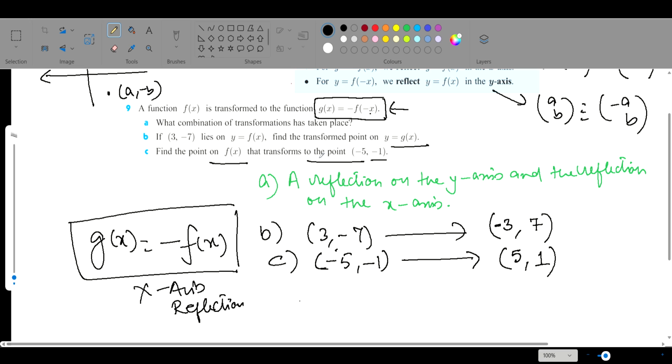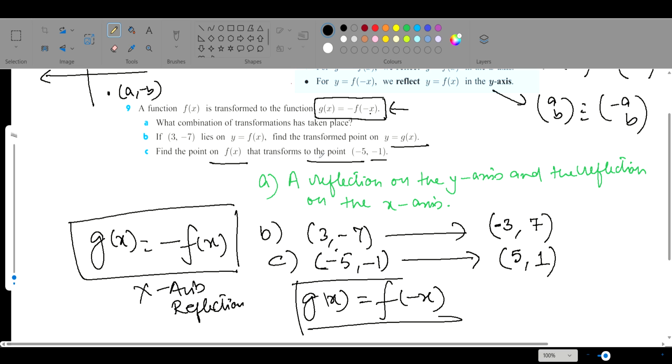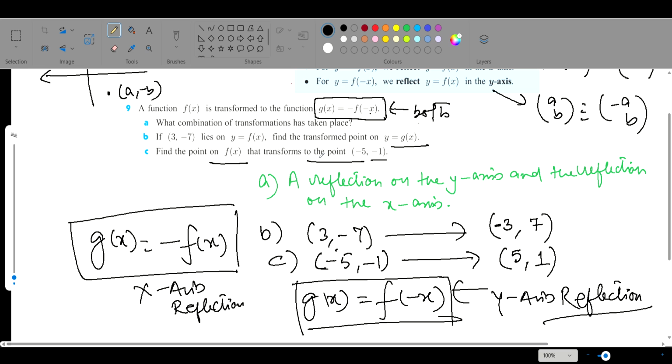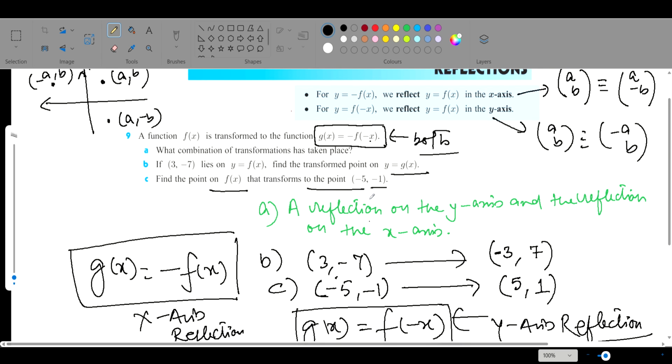And what is the y-axis reflection? My g(x) would be f of minus x. That is my y-axis reflection. But if you see here, your g(x) is minus of f(minus x). It means it's both, right?